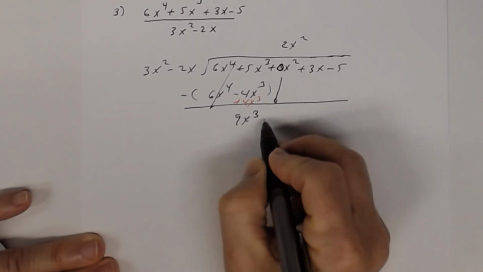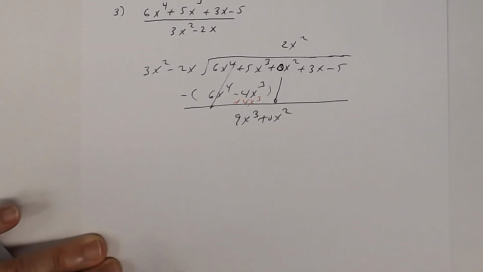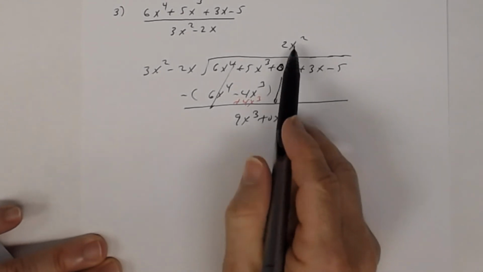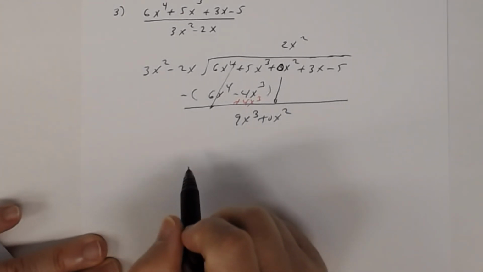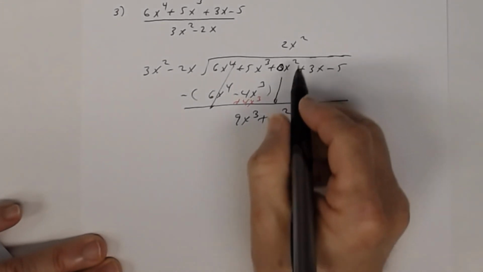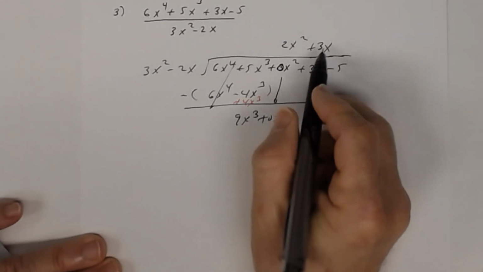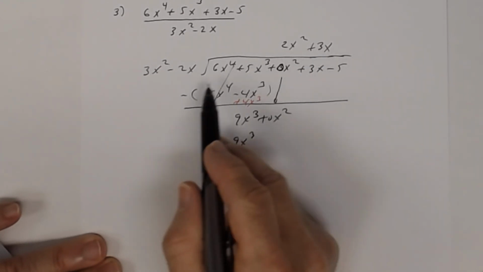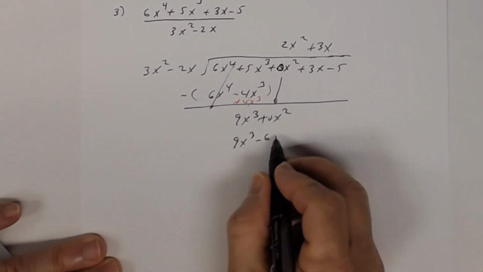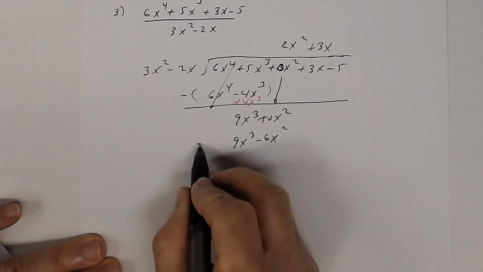And then bring down the next term. Okay? Then I do the division all over again. 9x cubed divided by 3x squared is 3x. So that goes here. Then 3x times 3x squared is 9x cubed. 3x times a negative 2x is a negative 6x squared. And then I subtract.